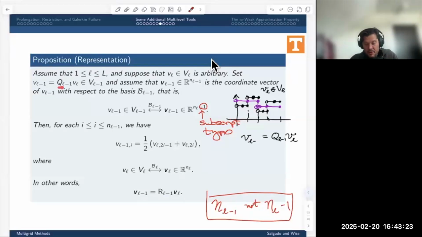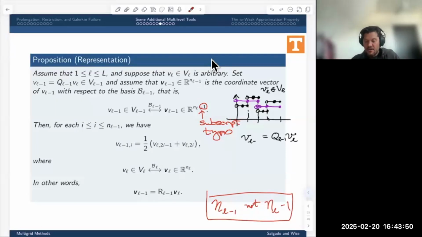Let me say that one more time so it sinks in. The restriction of a piecewise constant function into the coarse space gives the same action as the restriction of the corresponding cell-centered function into the coarse grid space. They're the same things, but only when I'm really operating between grid functions, in the finite dimensional setting.